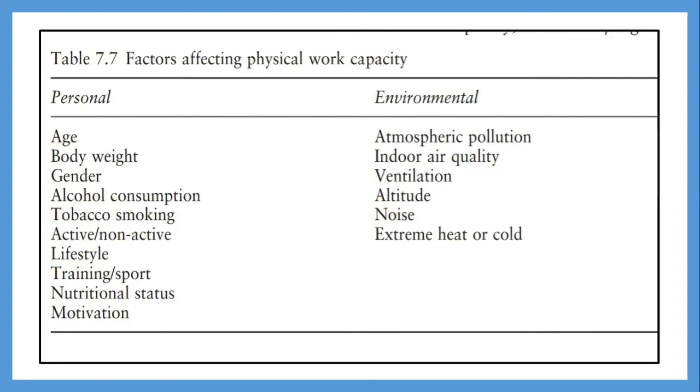Now, how come age is one factor affecting physical work capacity? Well, this is considered one factor because age has a significant effect on work capacity. The younger you are, meaning to say, the more capable you are of working effectively and efficiently.